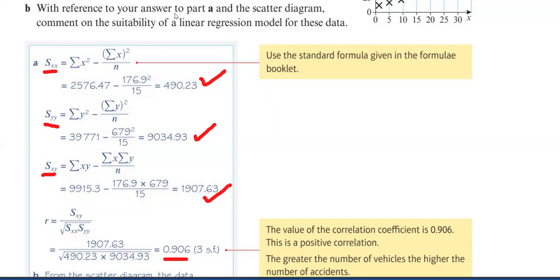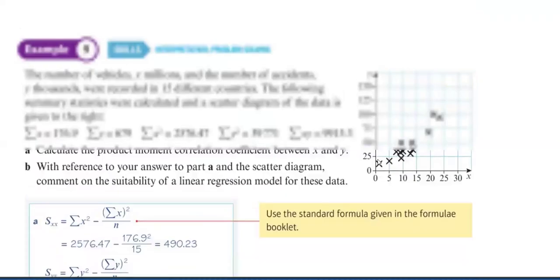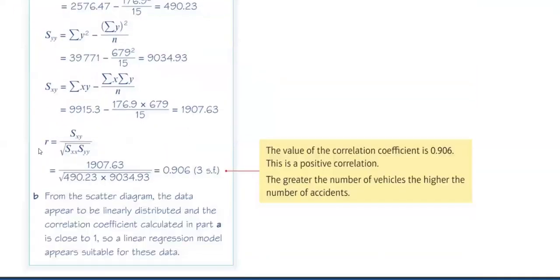With reference to your answer to part A and the scatter diagram, comment on the suitability of a linear regression model for these data. We can clearly see it is positively correlated. Also, R is very close to 1, which means that also it is positively correlated.